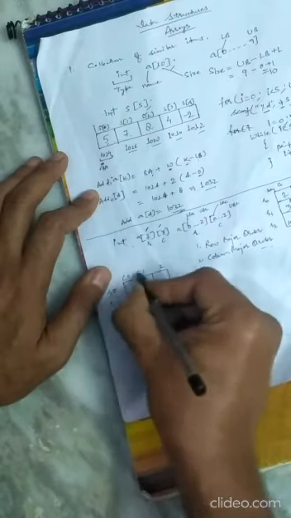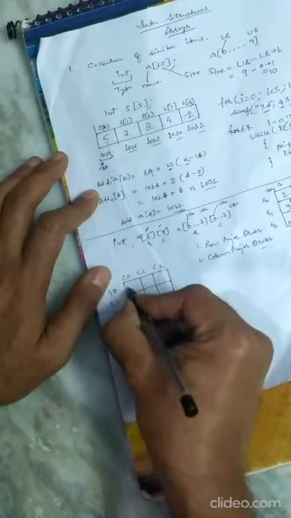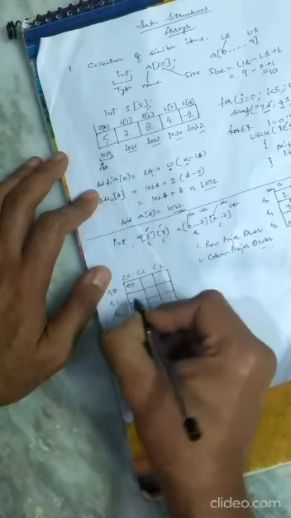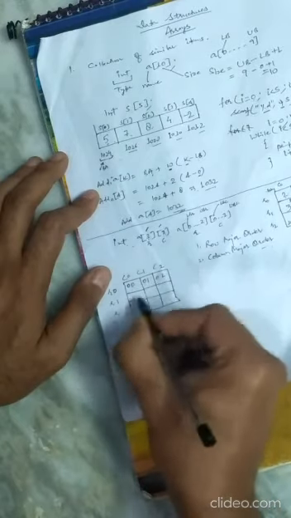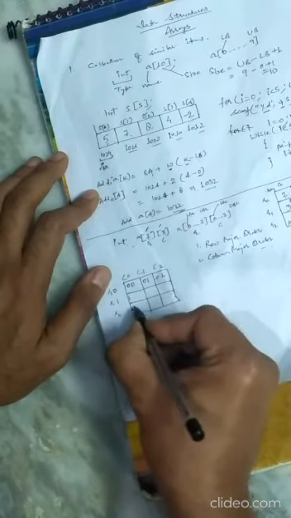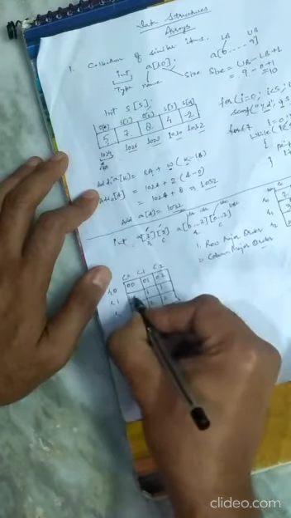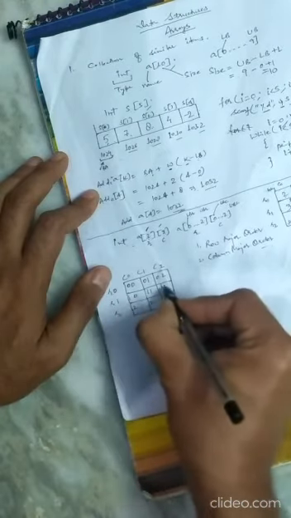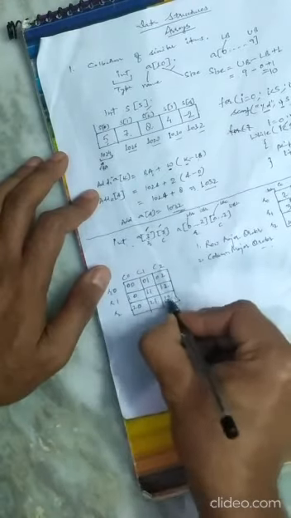Similarly, this is C0, C1, C2. So the combination will be row and column. In this box row is 0 and column is also 0. Within the next boxes, row will be 0 and column will be 1 and 2. For this row, row will be 1, for this row, row will be 2. What is the column value for it? 0th column, 1 column, 2 column, each time.